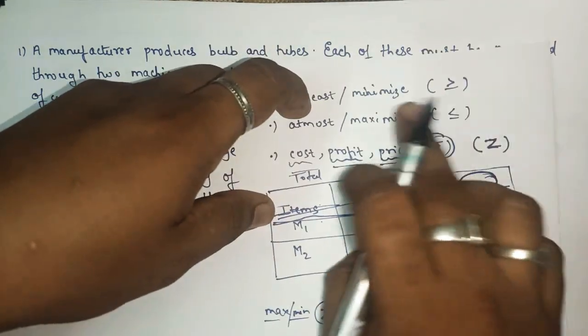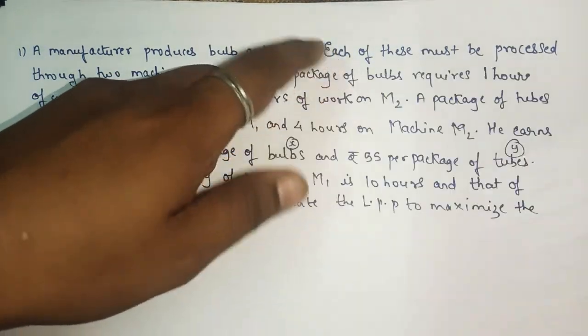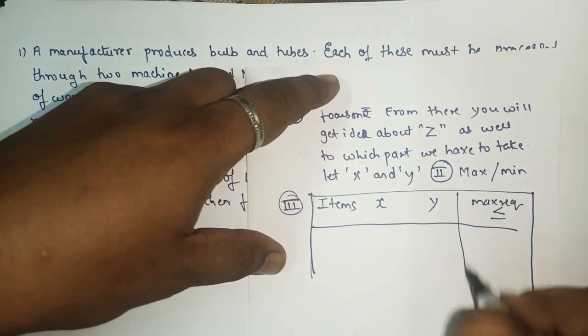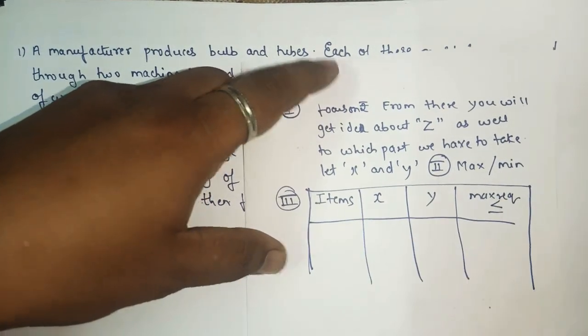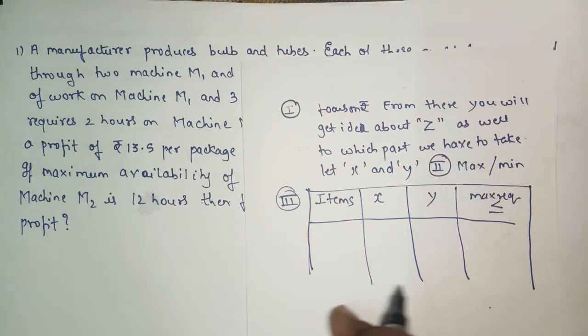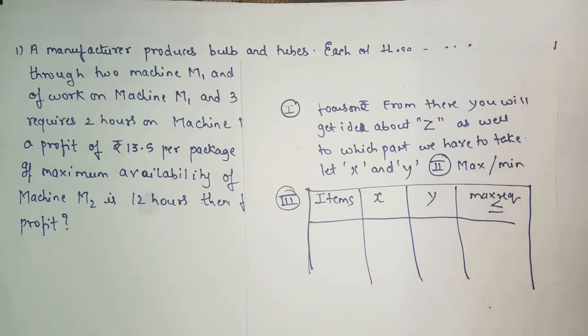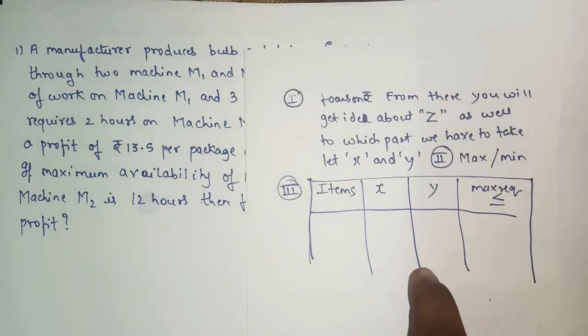Just now I told you, maximum means less than or equal to. So whatever linear inequation you prepare in two variables or one variable, it will contain less than or equal to. Yes or no?